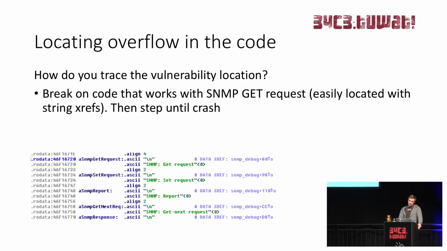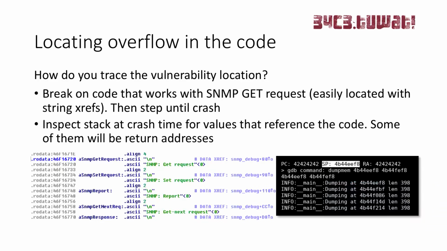But a more efficient method is to crash the device and start inspecting the stack after the device has already crashed. You just have to dump some memory on the stack, looking into the values that reference the code. Some of them will be return addresses, and this will give you a hint where the crash actually is.